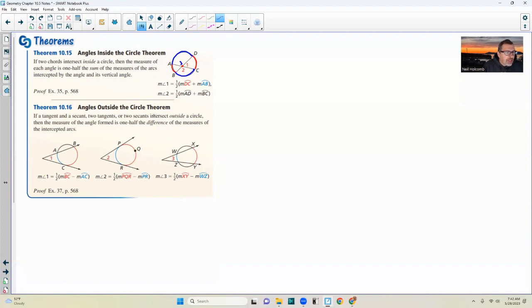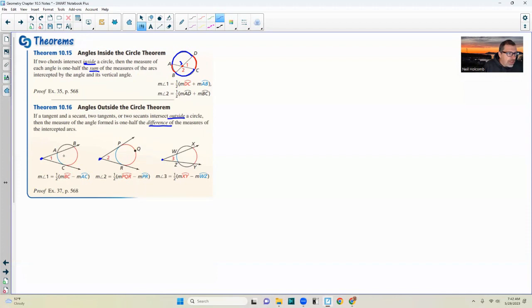Now for outside the circle, we can have a secant and a tangent, 2 tangents, or 2 secants. Those are the 3 possible outcomes. If a tangent and a secant, 2 tangents, or 2 secants intersect outside the circle, here's our intersection point, then the measure of the angle formed is half the difference. If it's inside, it's the sum. If it's outside, it's the difference.